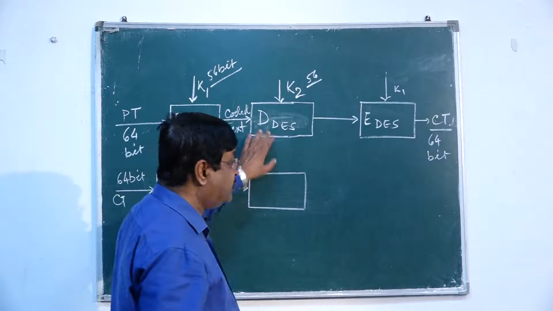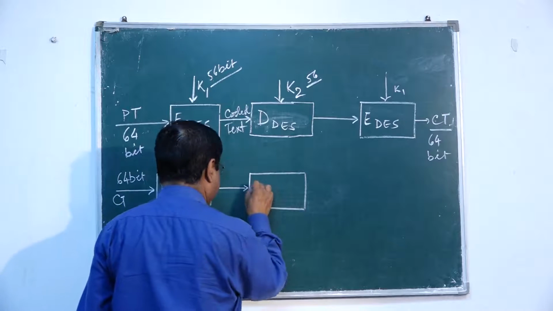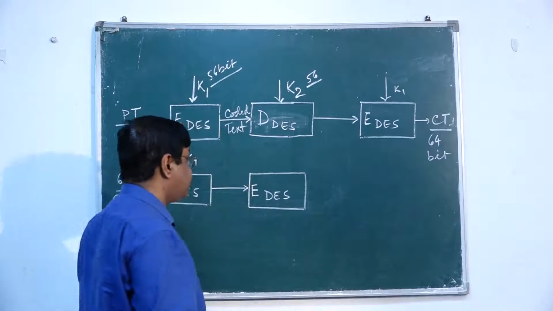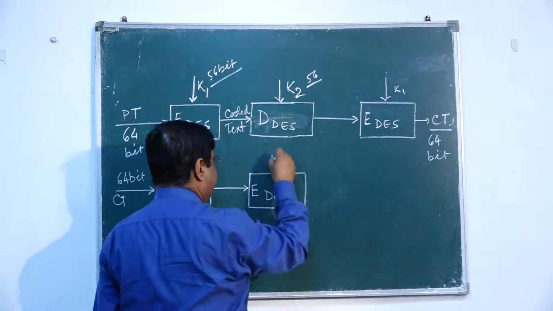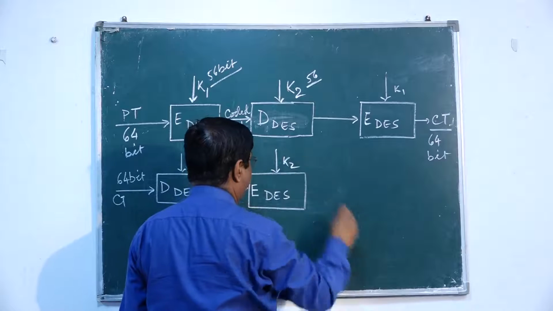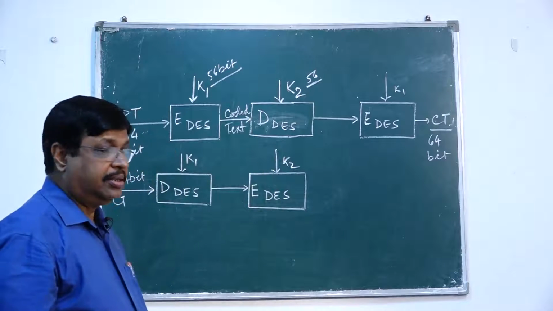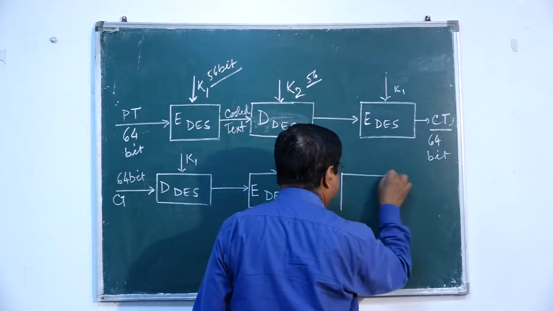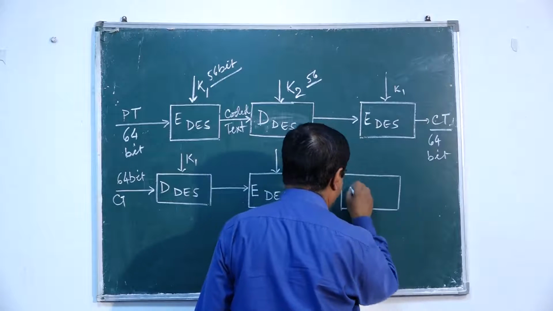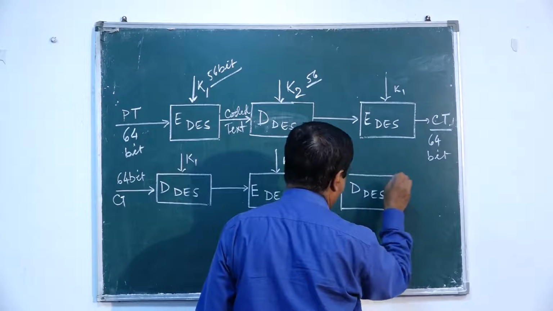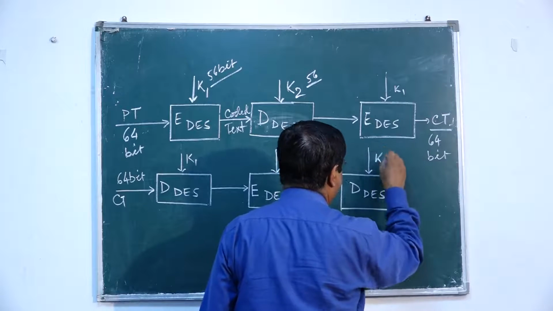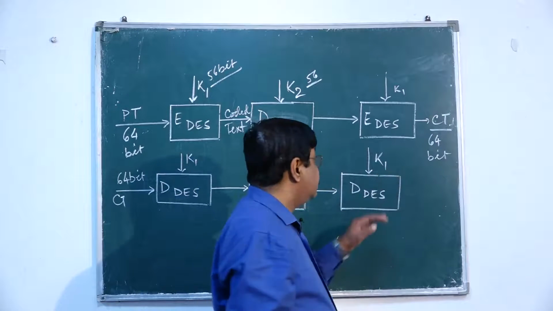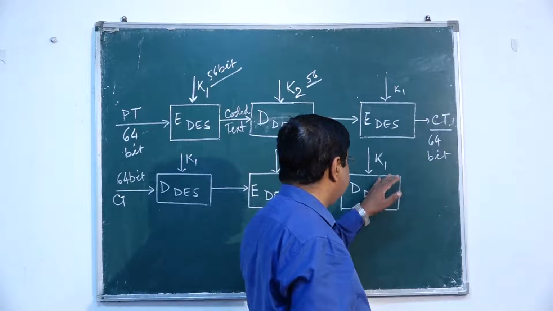Because here it was decryption, we apply encryption here. Encryption DES using the same key K2. Right? After this, the coded text is again decrypted using the similar key. Had it been K3, then we would have used K3 here. We used K1, that is why here we are using K1.